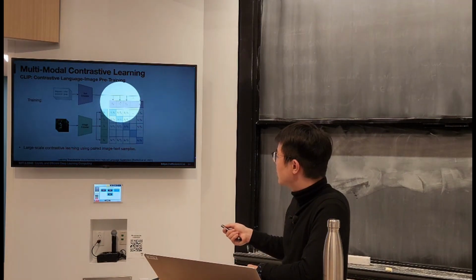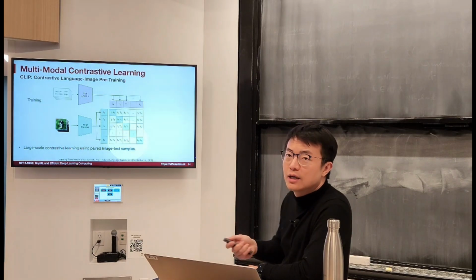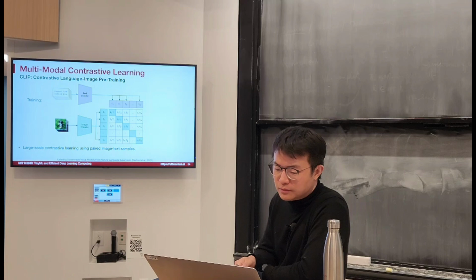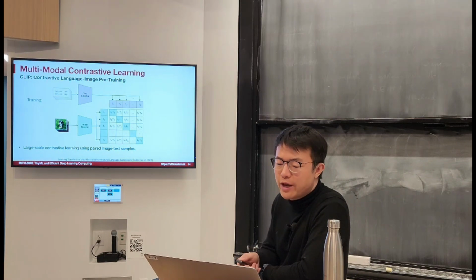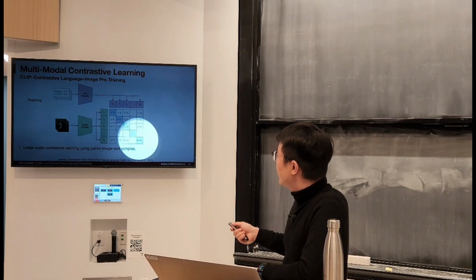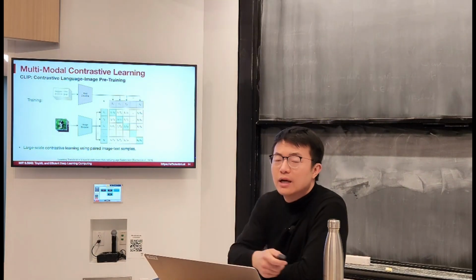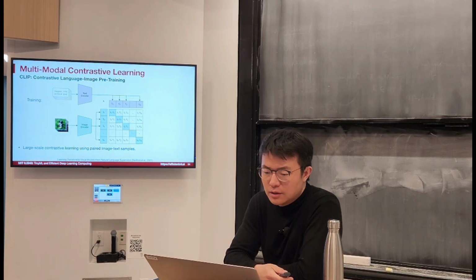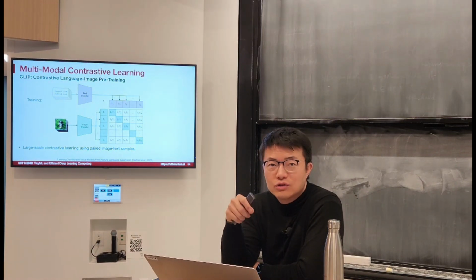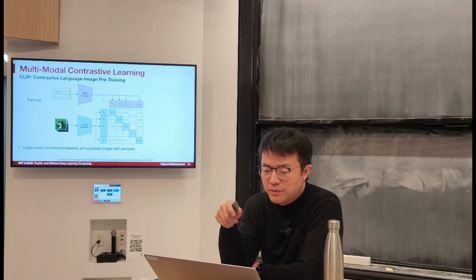The image corresponding to the text description, which is in the diagonal position, will receive a high score. So by using such paired image-text samples, we can supervise it by maximizing the diagonal part, which can effectively align the image and text into the same space.